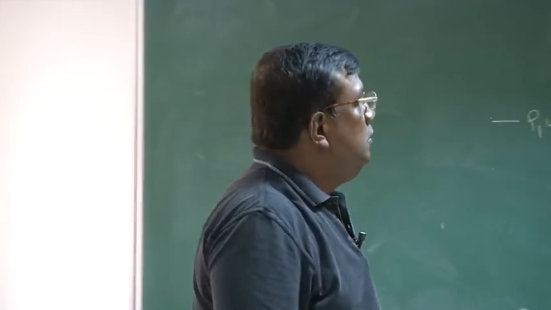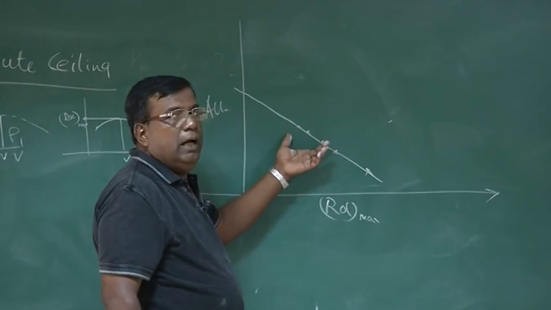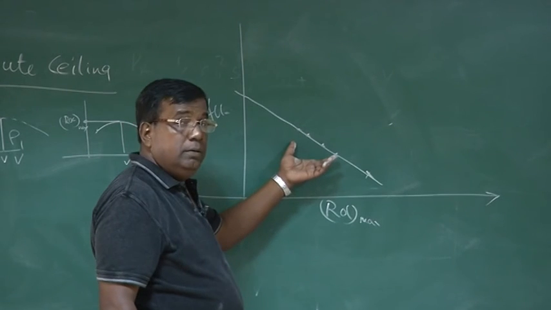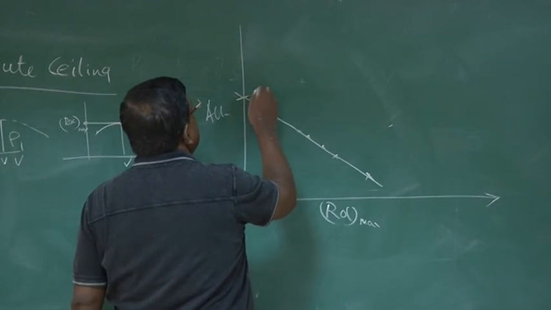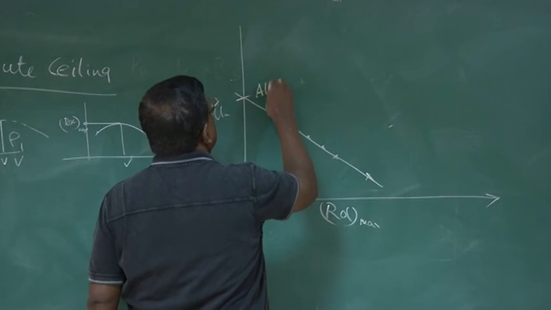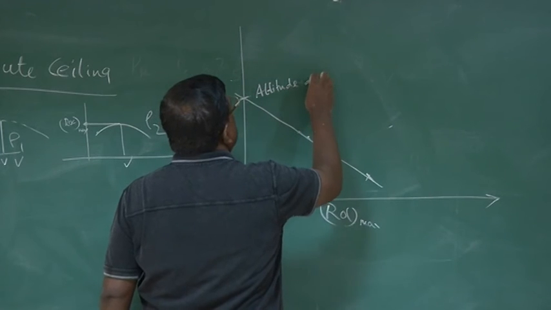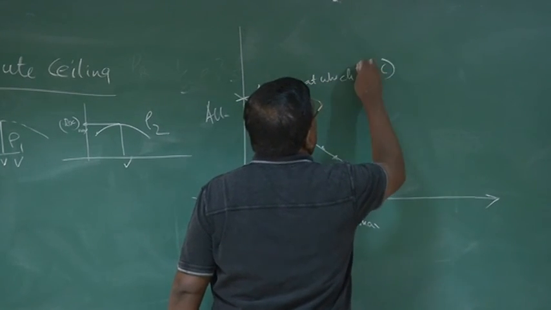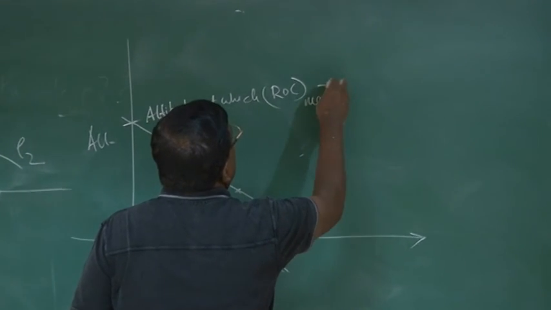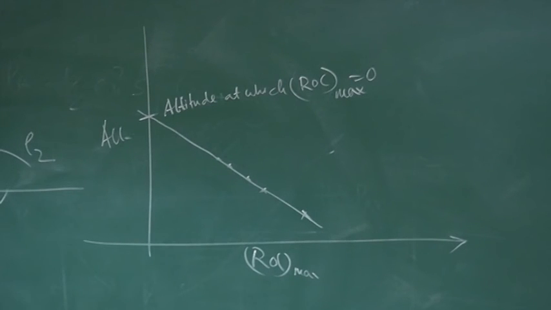Okay? So you do some experiments at comfortable altitude where you find you are comfortable, and then extrapolate it, and wherever it cuts, this is the point, altitude at which ROC max is 0. So that becomes your absolute ceiling.